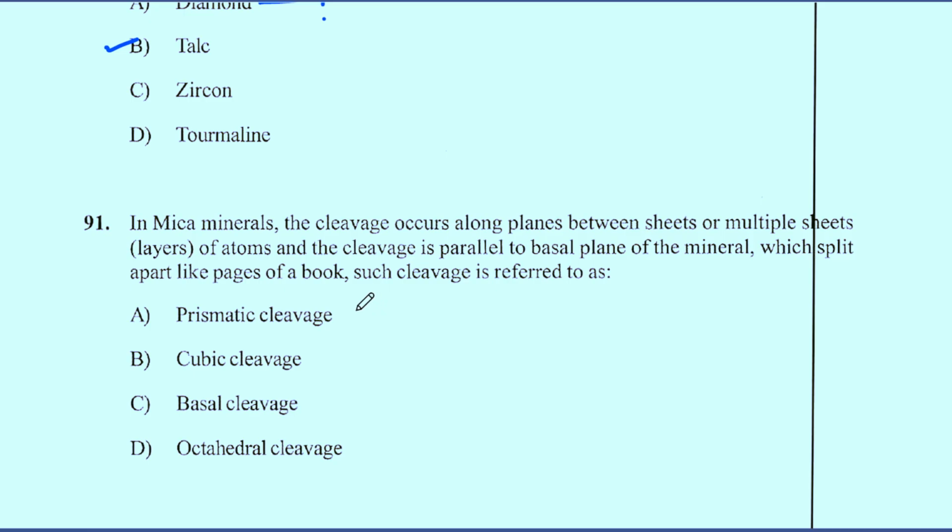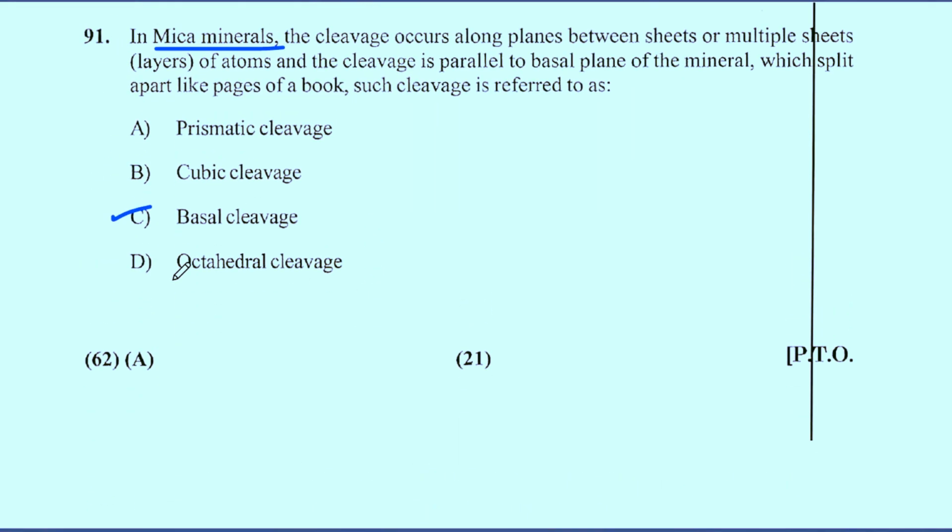Next question: mica mineral. Mica has basal cleavage; directly remember, because it piles up in sheets. One more thing you should also know: in which minerals is octahedral cleavage there?